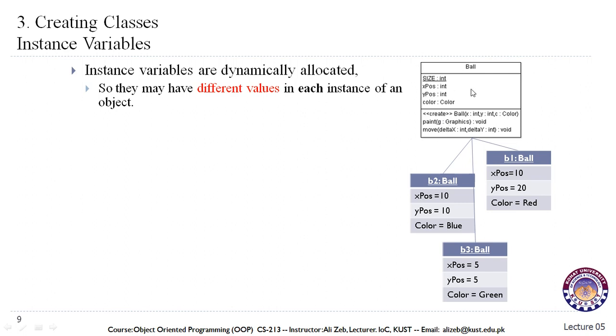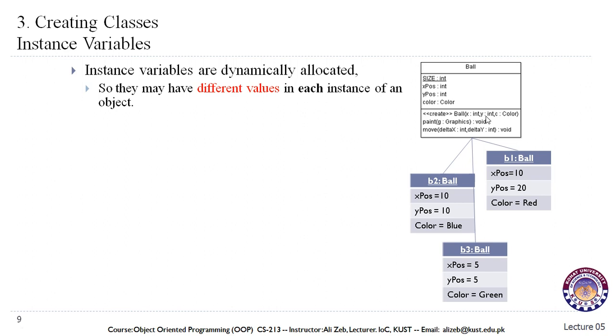So this box shows us the class diagram of a class Ball. In the first compartment we have the name of the class, in the second compartment we have the variable names along with their data types, and then we have the methods with their return type and the number of arguments or parameters that these methods are going to take.